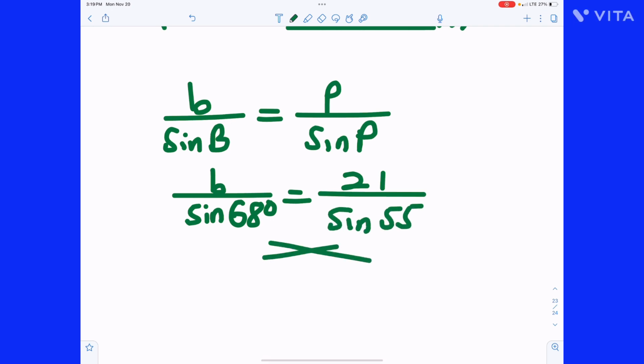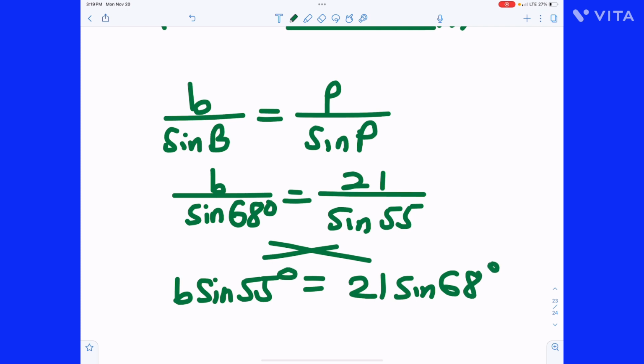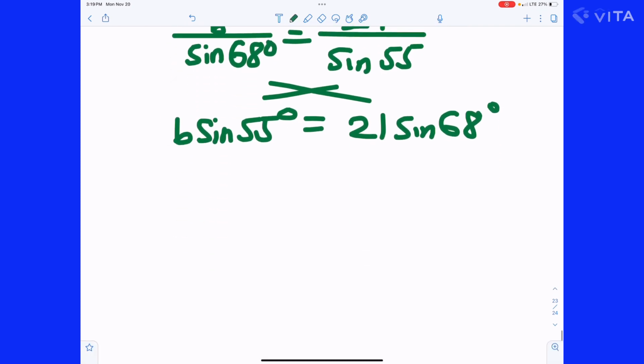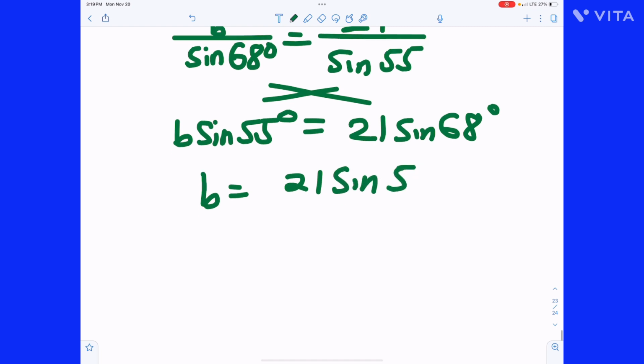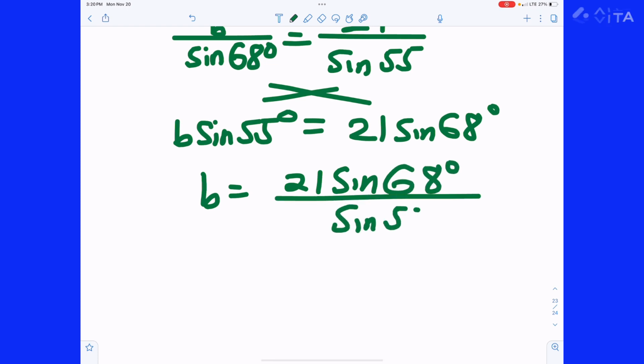So when you cross multiply, B sine 55 gives you 21 sine 68 degrees. So to get your B is 21 sine 68, not 58, 21 sine 68 over sine 55 degrees.